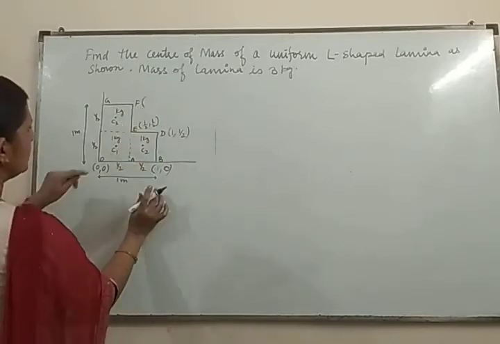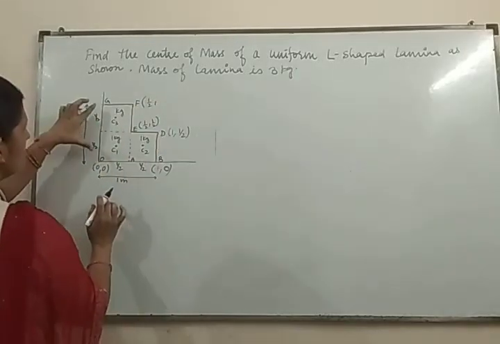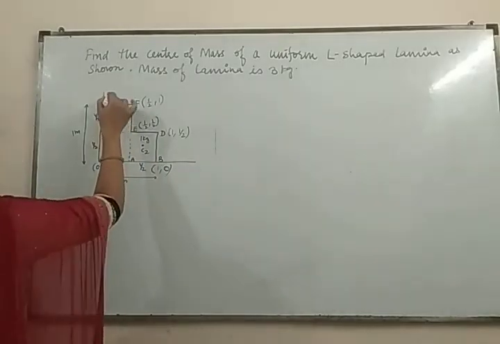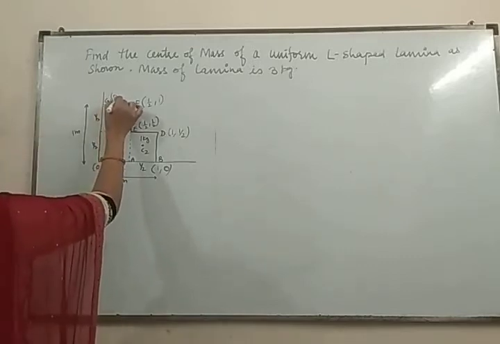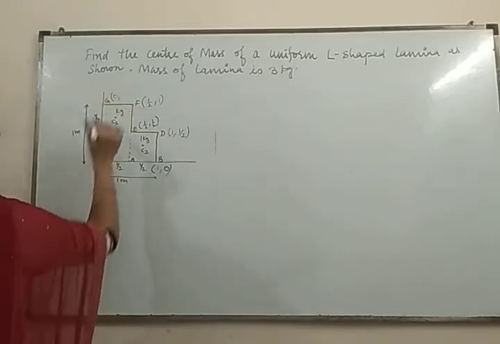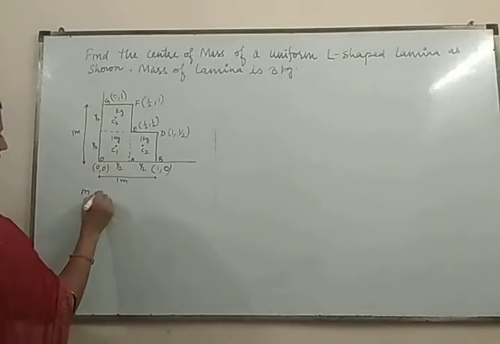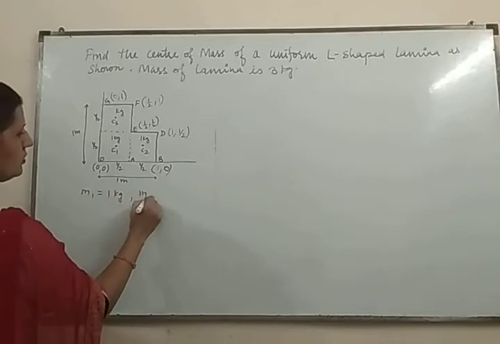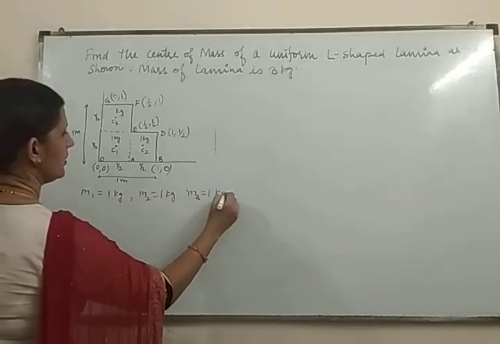For point F, from the x-axis it is at a distance of half, and from the y-axis it is at distance 1. And at point G, the x value is 0 and the y value is 1. The masses M1 is 1 kilogram, M2 is again 1 kilogram, M3 is 1 kilogram.